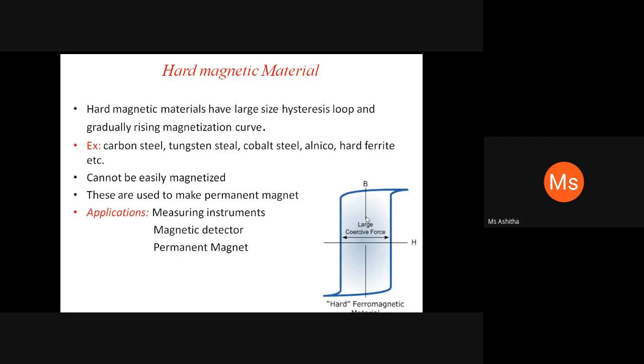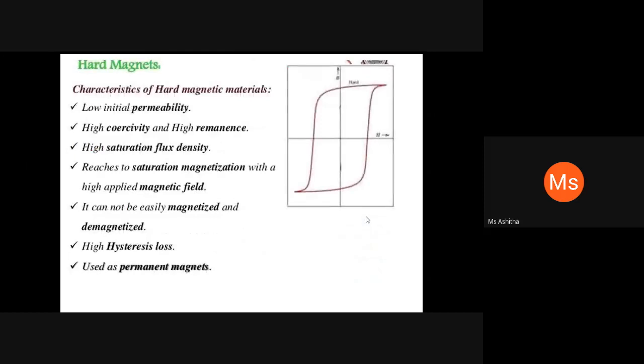Examples of hard magnetic material are carbon steel, tungsten steel, cobalt steel, alnico, etc. They cannot be easily magnetized. Application-wise, they are used in measuring instruments, magnetic detectors, and permanent magnets. And these are the properties of the hard magnetic material.